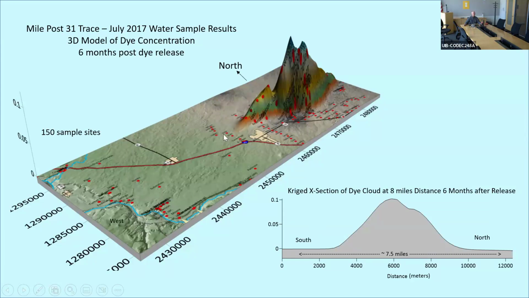And so at this location, we're halfway the distance to the springs at 6 months after we released dye at 19 miles. And ultimately it landed down in Box Canyon. And again, we had over 150 sample sites to trace, to sample for this trace.